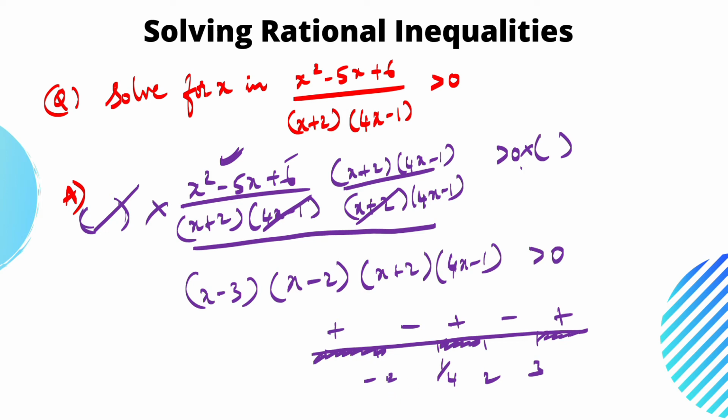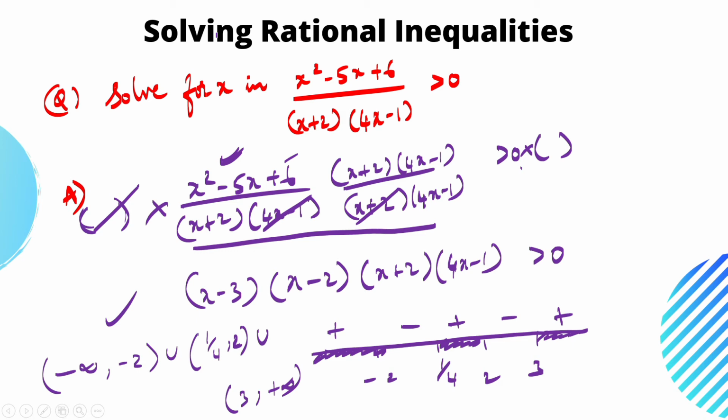So what is the range? The range of this expression is minus infinity comma minus 2 union 1 by 4 comma 2 union 3 comma plus infinity, right? So this is the range of this expression.